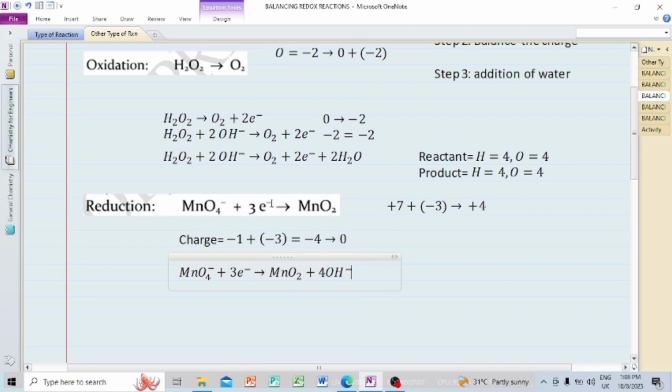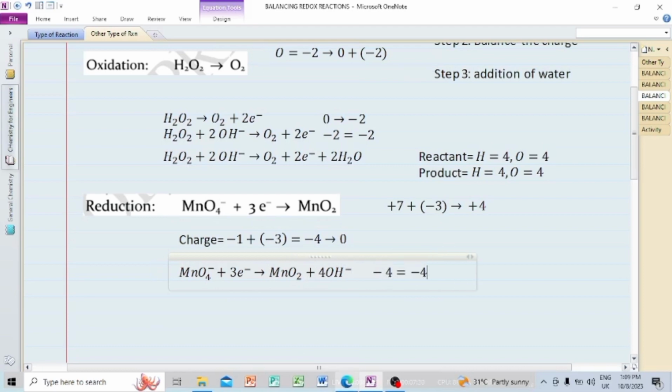4 OH negative. Para ang charge ay maging -4 sa product side, we have -4, and on the reactant side we have 4 times negative is equal to -4.